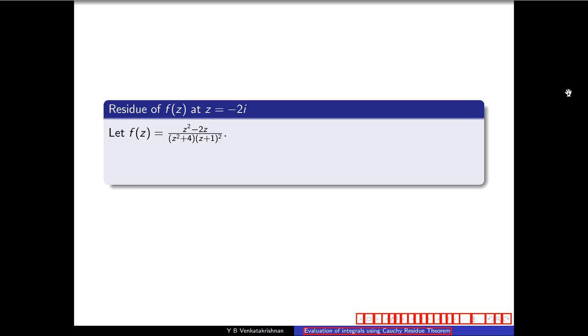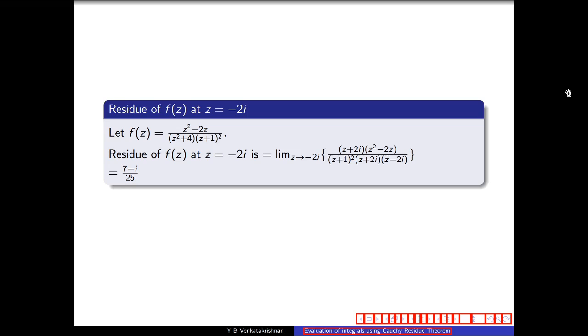Now I calculate the residue of f of z at z is equal to minus 2i. z is equal to minus 2i is again a simple pole. So I multiply f of z with z plus 2i, and I allow z to tend to minus 2i. So in this case the residue turns out to be (7 minus i) divided by 25.